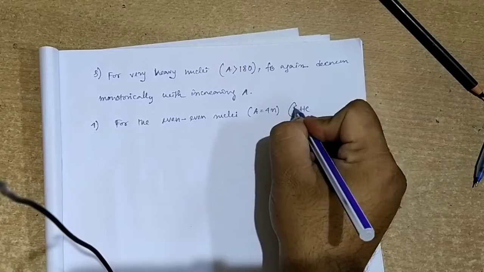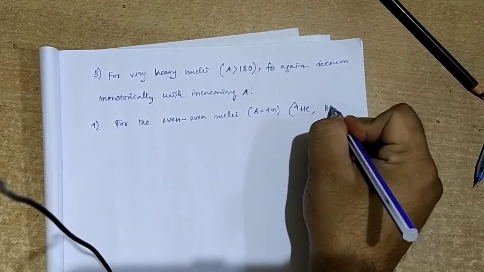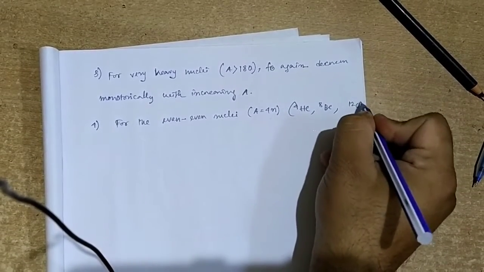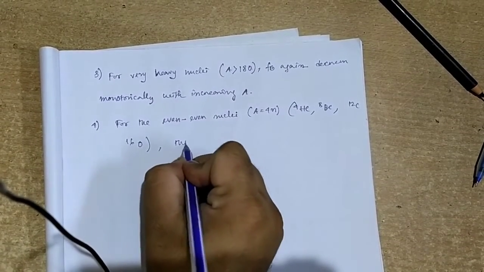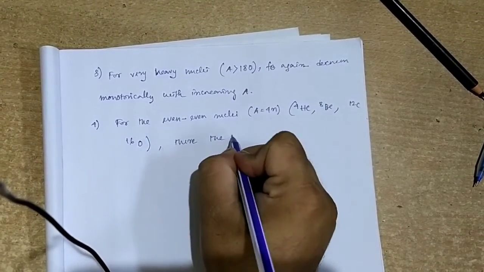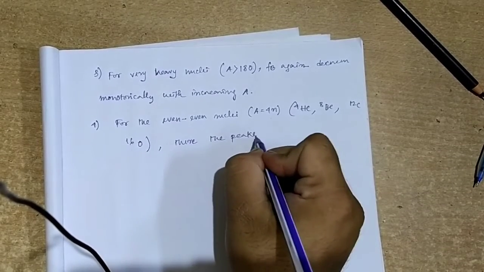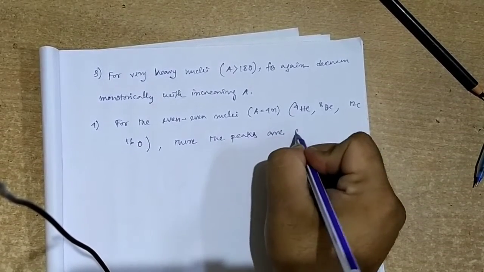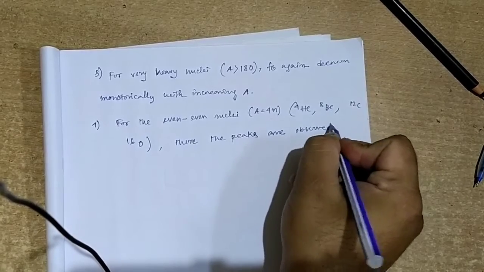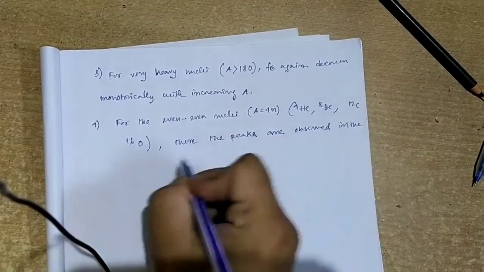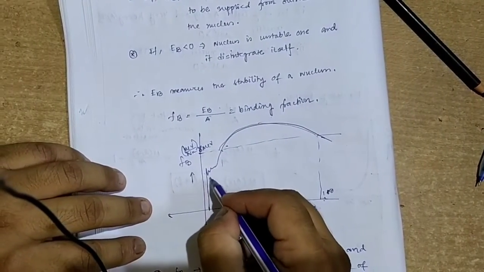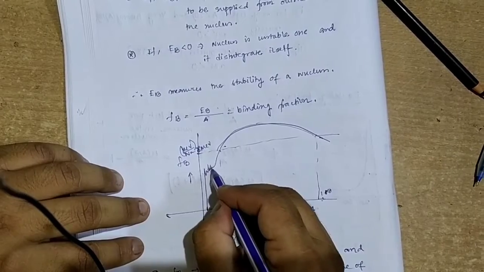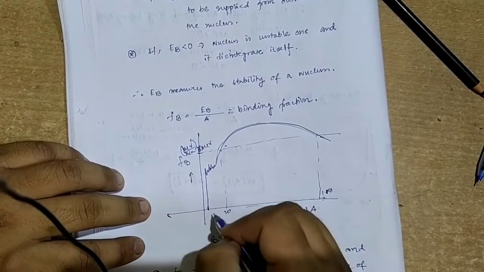For those cases like helium, beryllium, carbon 12, and oxygen, peaks are observed in the curve. That kind of peak will be observed for even nuclei.